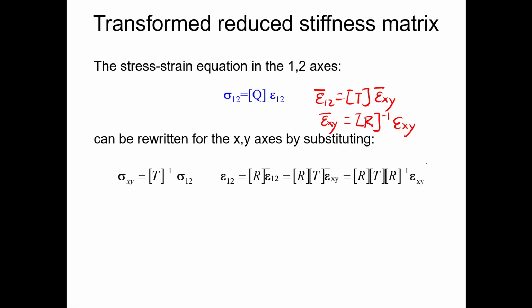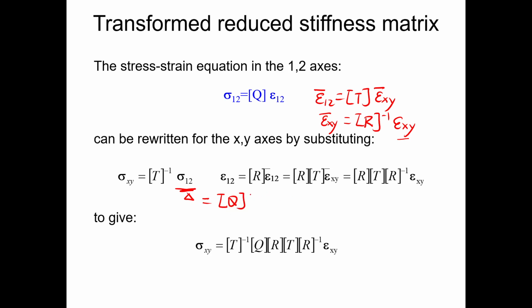Okay, this is the engineering strain, this is the tensorial strain. Oh, I think the other way around. This is the tensorial strain, this is the engineering strain. Now we can replace the whole term here by essentially equal to Q times the right term, which is equal to epsilon 1, 2.